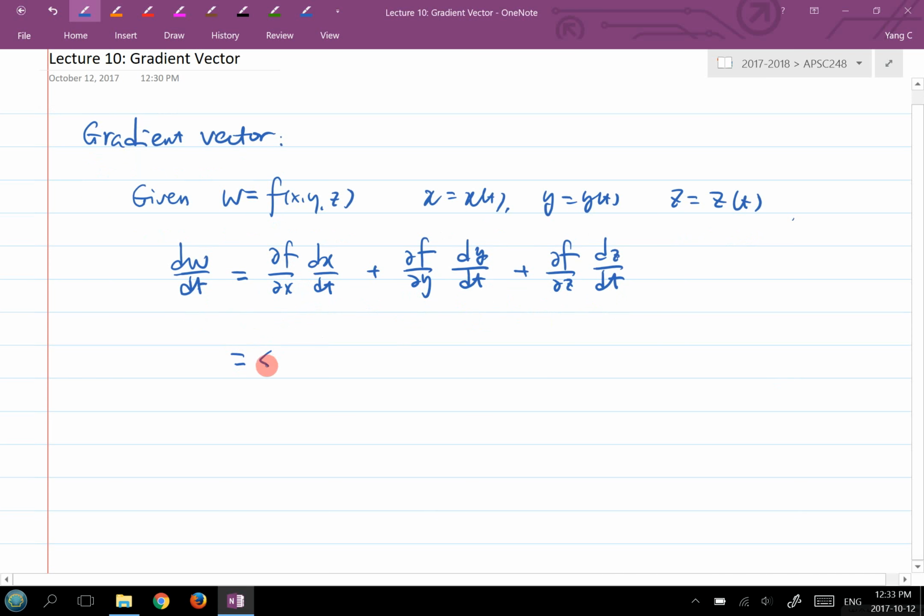So I can rewrite this using the dot product of two vectors. The first vector is partial f over partial x, partial f over partial y, partial f over partial z, and the other one is dx over dt, dy over dt, and dz over dt.